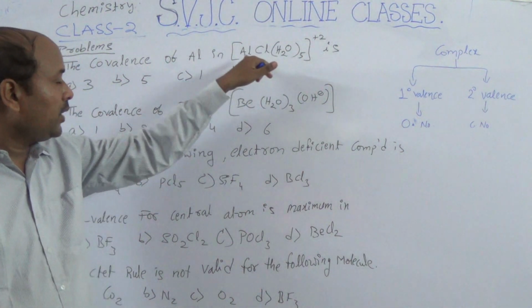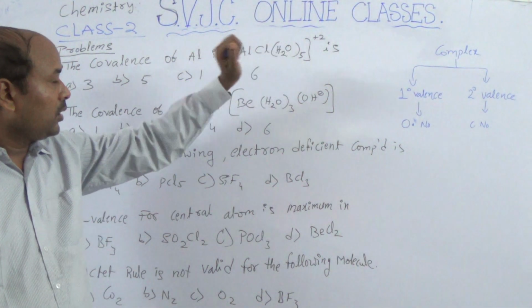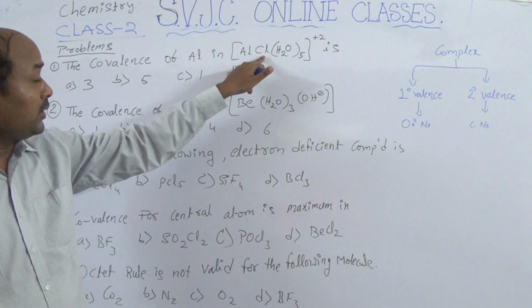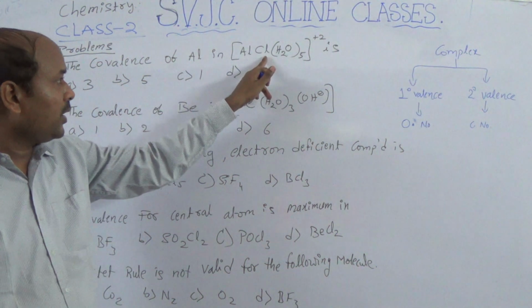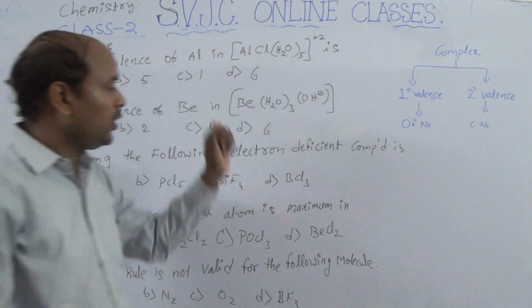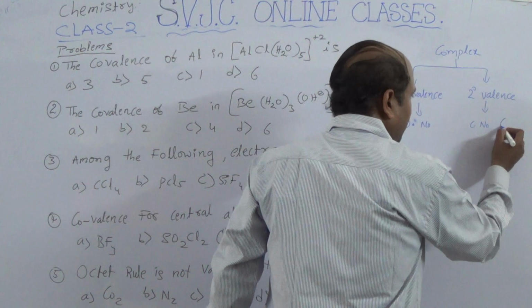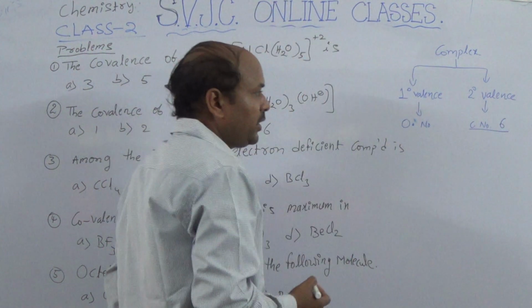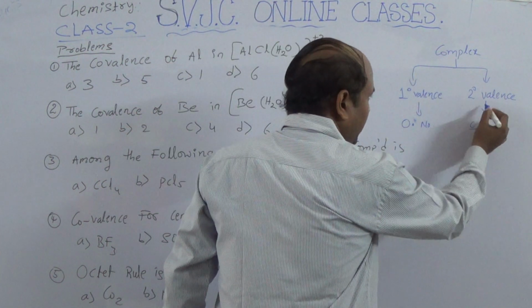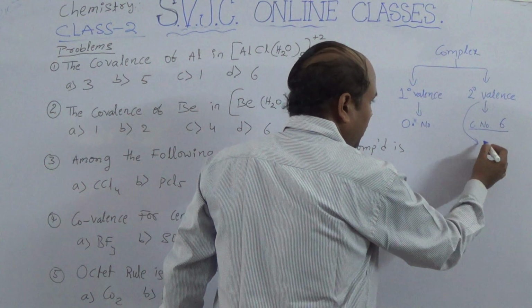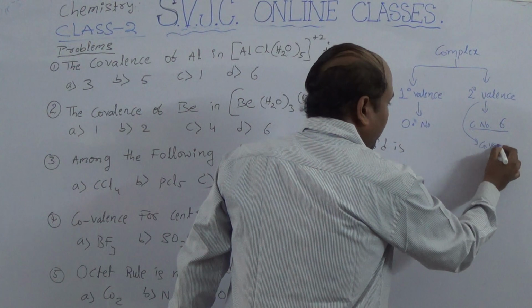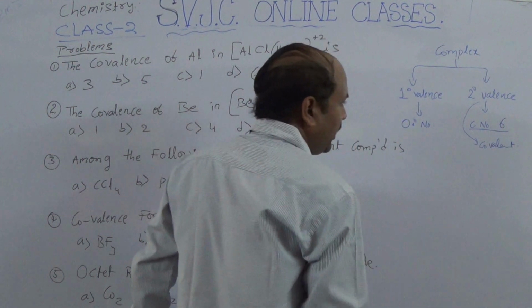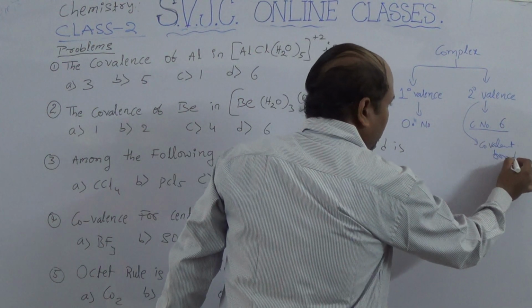So in total 6 groups are combined with aluminium, and the coordination number is 6. Secondary valency, the coordination number, is also equal to the number of covalent bonds.